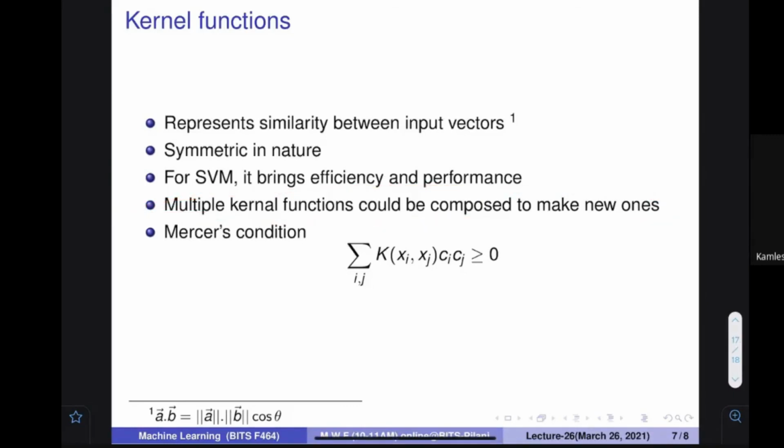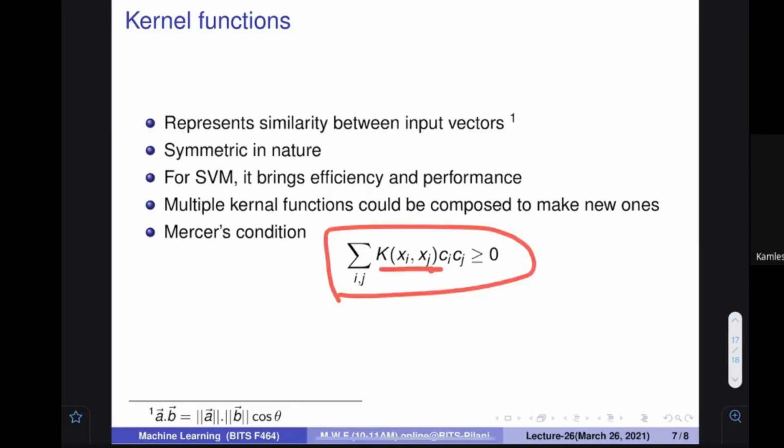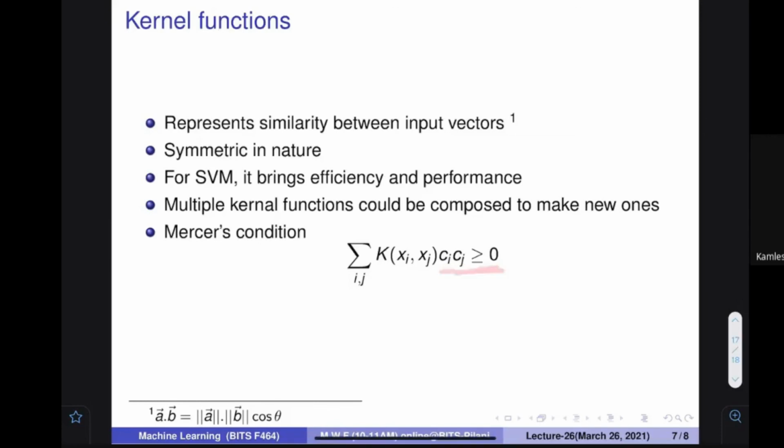And a very important thing is that they should satisfy the Mercer conditions: if you take all the pairs, find xi xj, and multiply with the constants ci and cj, this value should be greater than or equal to 0. You can find a suitable constant so that this value is greater than 0.